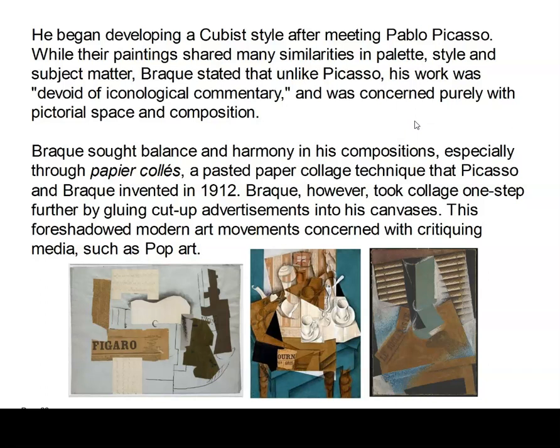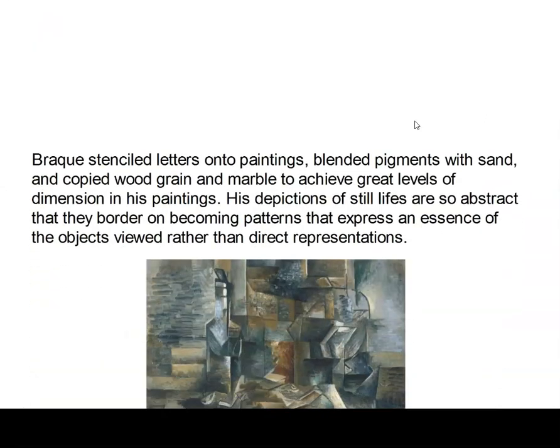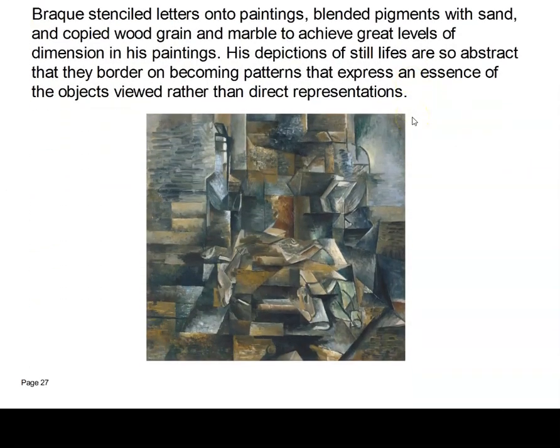So here you can see some of his drawings, some of his newspaper prints and magazine prints, and how they are creating a sense of composition, adding together many different elements at the time. Braque stenciled letters onto paintings. He blended pigments with sand and copied wood grain and marble to achieve great levels of dimension in his paintings.